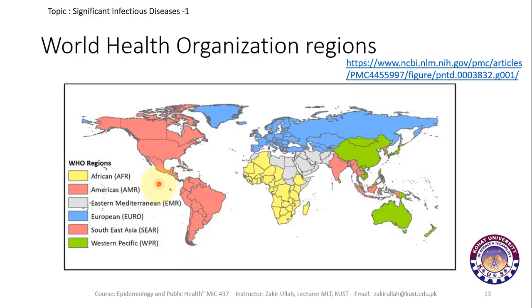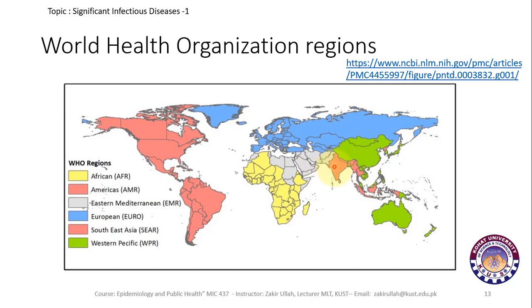This is the map released by the World Health Organization, showing the different regions of the world. This blue area shows the European region, this is the American region, this is the African region, and the Eastern Mediterranean region.